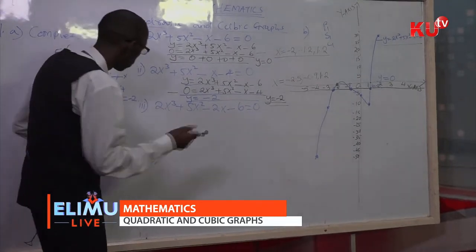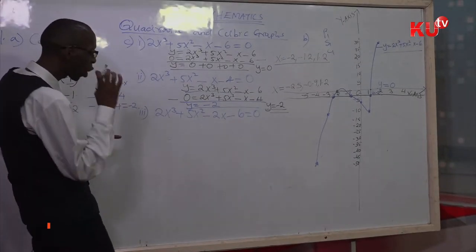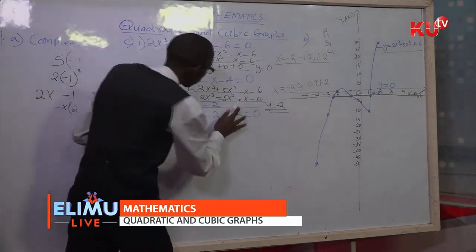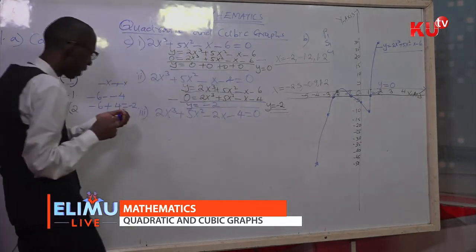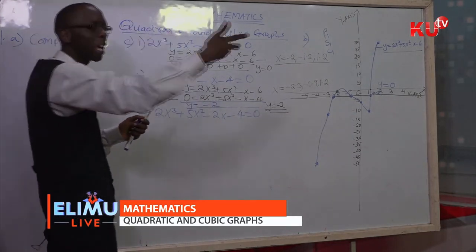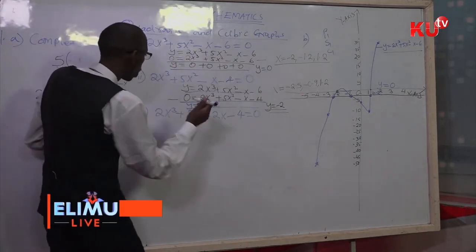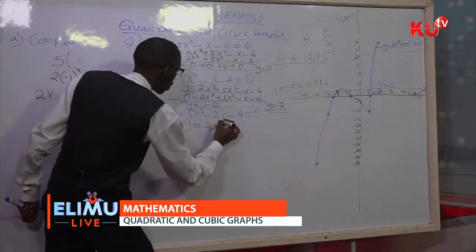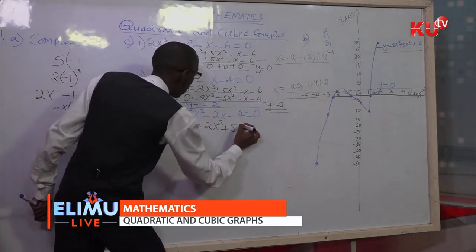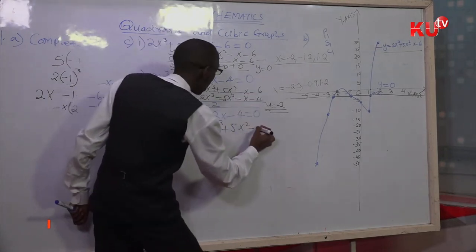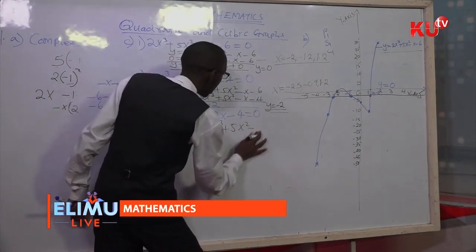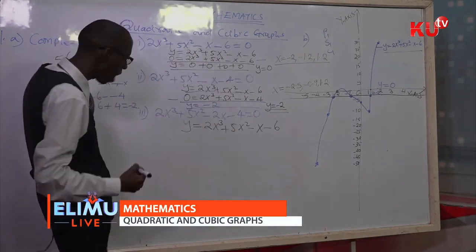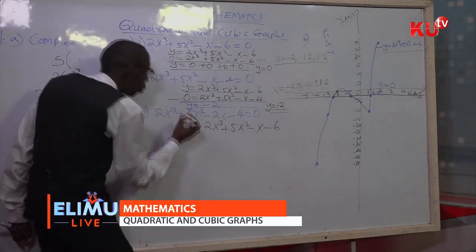My dear student, we get to the next, Roman 3. Again, the concept is, this is negative 4. The concept is, take the equation of the graph. Y is equal to 2x cubed plus 5x squared minus x minus 6.